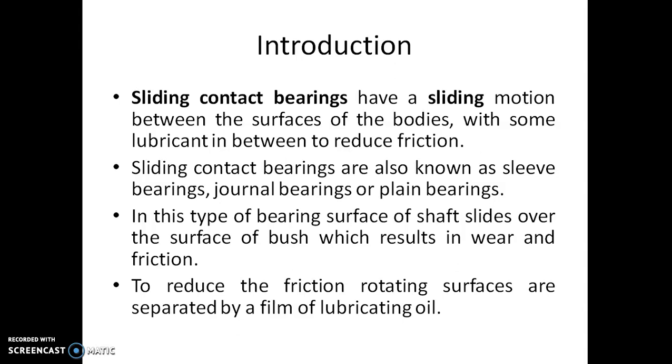These bearings are also known as sleeve bearing, journal bearing or plain bearing. In this type of bearing, the surface of the shaft slides over the surface of the bush, which results in wear and tear and also friction. To reduce this friction, the rotating surfaces are separated by a film of lubricating oil.